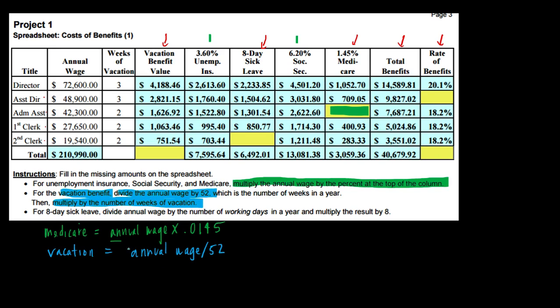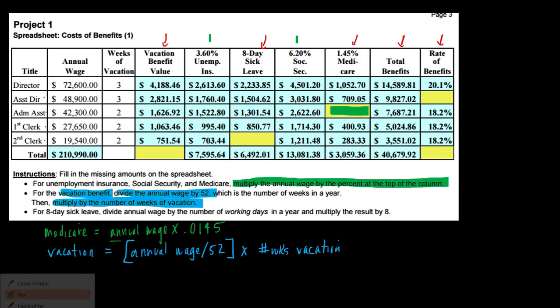The reason they're saying to do this is that this will convert annual wage into weekly wage. So we know what each week of this person's work is worth. Now we multiply by the number of weeks of vacation to figure out just what their vacation time is worth. That will tell us the vacation benefit value for the specific employee. So that's how we will fill in this box below.